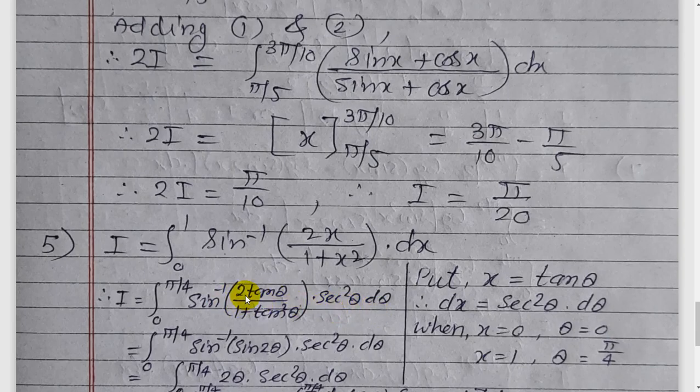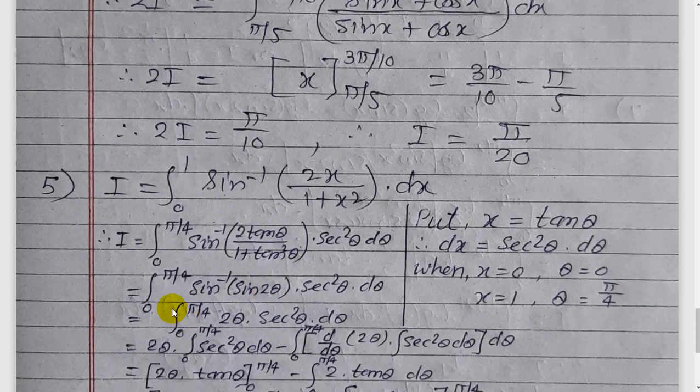So sin inverse (2 tan theta upon 1 plus tan square theta) has the formula sin inverse sin 2 theta, which you applied in question number 1 also. Same formula. So it can be written as integral from 0 to pi by 4 of sin inverse sin 2 theta into sec square theta d theta. Sin inverse and sin are eliminated, so we get 2 theta.